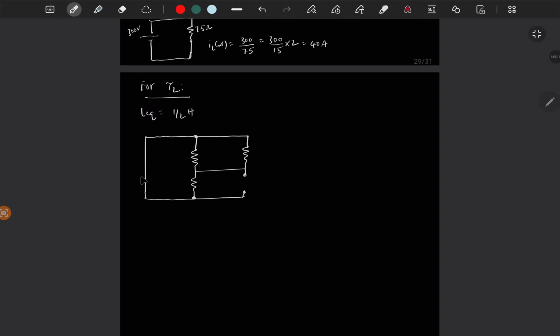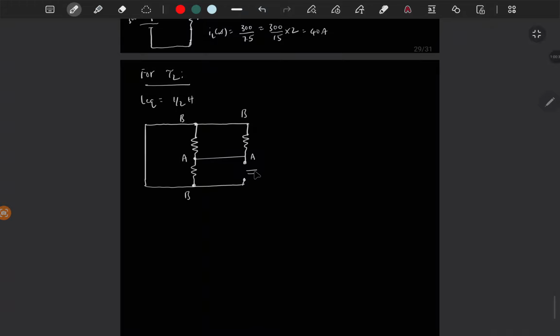Because this is directly connected and this is short circuit, and you have this terminal, let's say this is A and this is B, this is also B. If this is A, then this is also A and this is also B. So if you find R equivalent across A and B, which is nothing but across A and B you have this resistor, and across A and B again you have this resistor, and this is also across A and B.